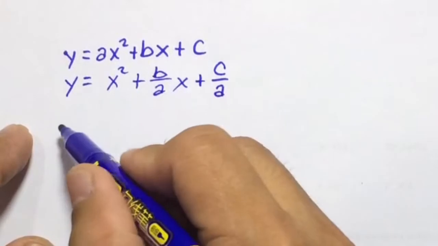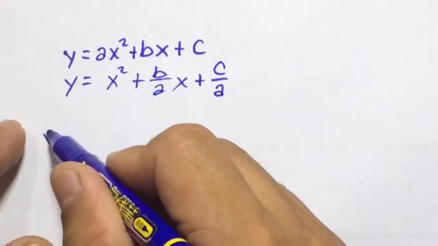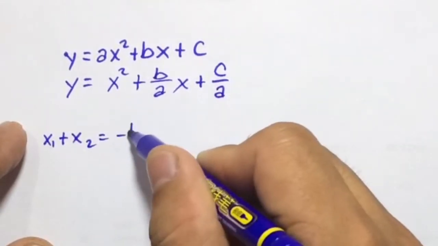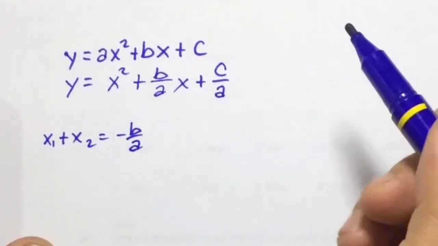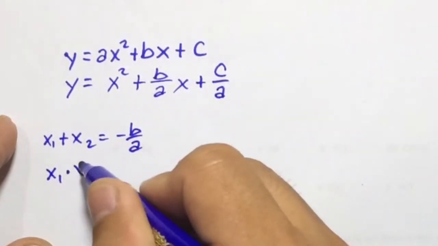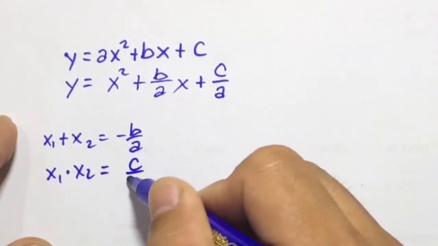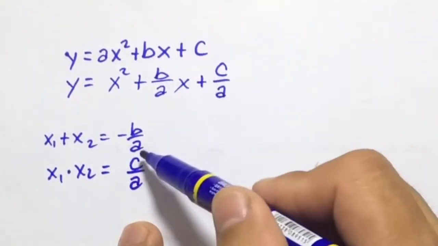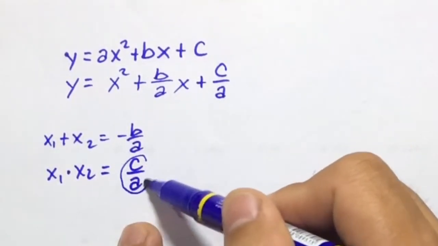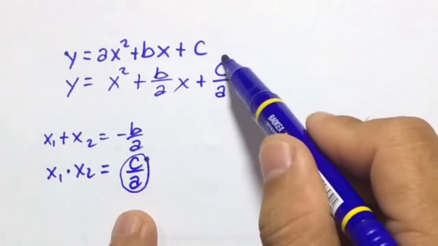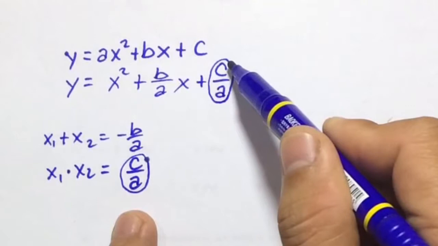The sum of the zeros, x1 plus x2, equals negative b over a, and the product, x1 times x2, is c over a. We can just have that as in here. The product of the two zeros will be the constant term here.